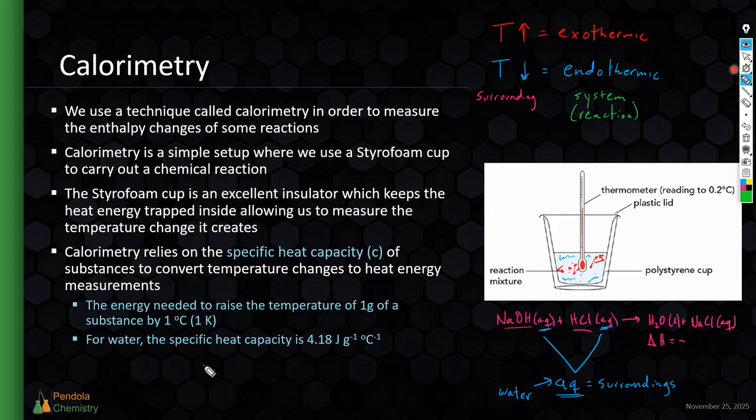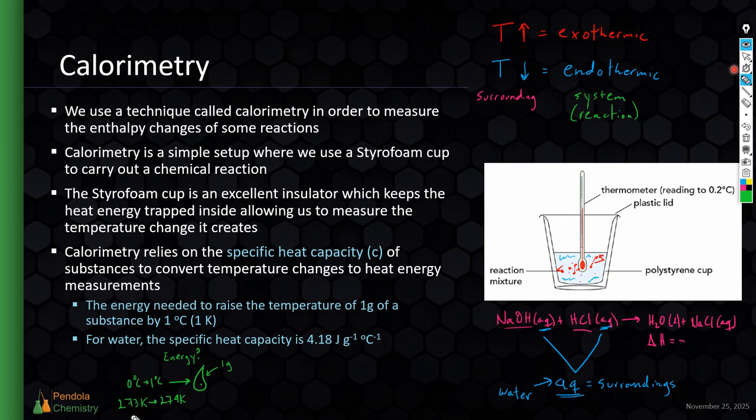If I have a drop of water that weighs 1 gram exactly, the specific heat would refer to the amount of energy in joules that it will require for this 1 gram of water to go from, let's say, 0 degrees Celsius to 1 degree Celsius, or from 273 Kelvin to 274 Kelvin. This is why we say that the change is the same.